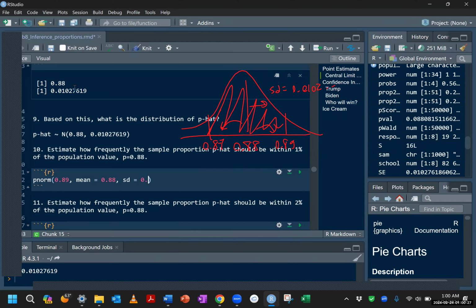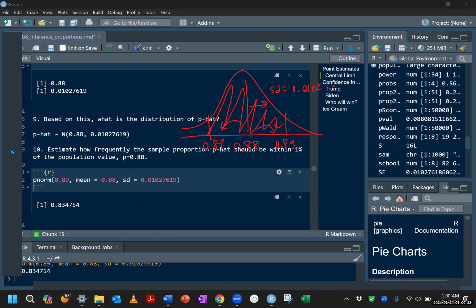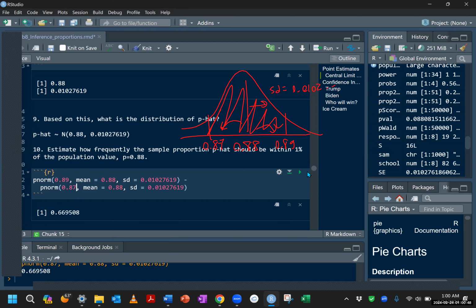So that would find everything that's below 0.89, but we're going to have to subtract everything that's below 0.87 to get the area in between. So this will tell me about 67% of my data is going to lie within 1% of that actual population value. So 67% of the time that I sample from my big population, it's going to be within this bound.